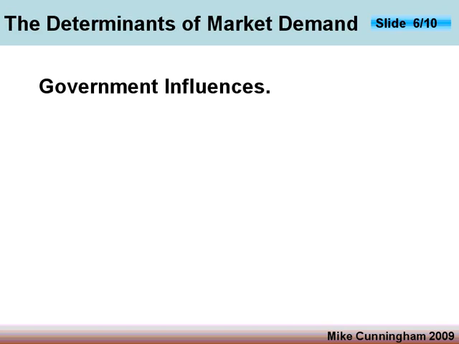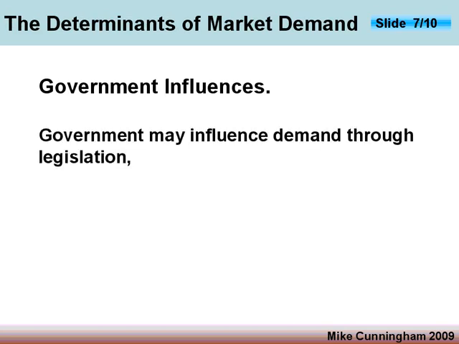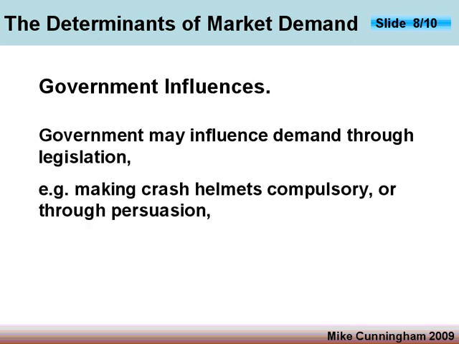Now, when we look at government influences, these could be through legislation. The government may influence the demand through legislation, or indeed through persuasion, trying to encourage people to consume something or not to consume something. For example, making crash helmets compulsory.